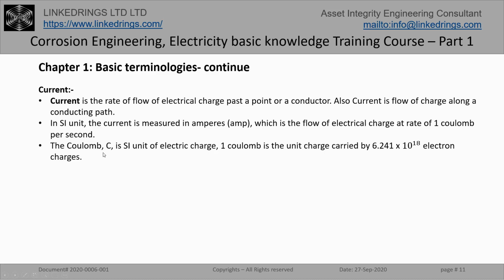As we mentioned, the coulomb, C, is the SI unit of electrical charge, and 1 coulomb equals the unit charge carried by 6.241 times 10 power 18 electron charges. The symbol I stands for the current, regardless of any unit used, milliampere or ampere.